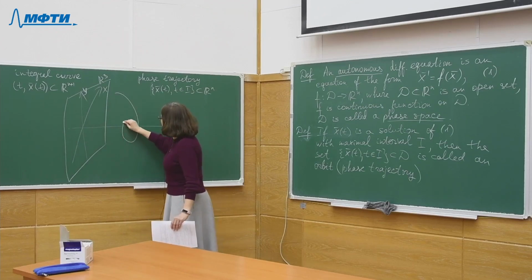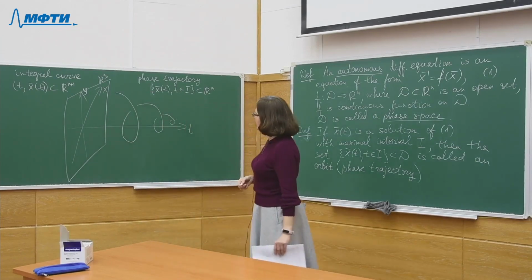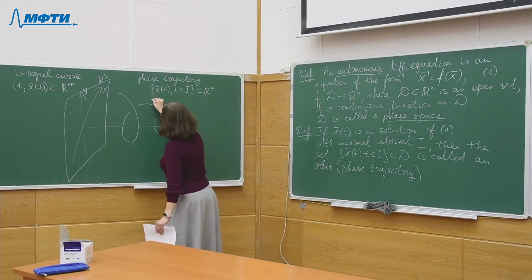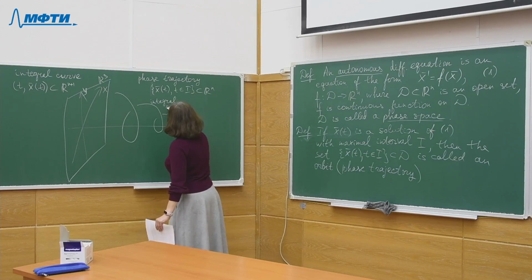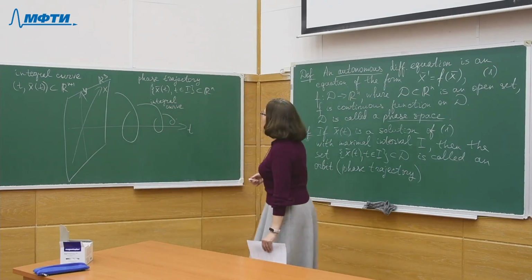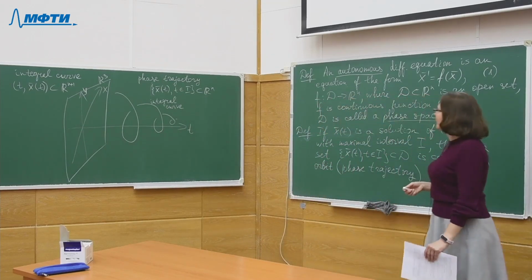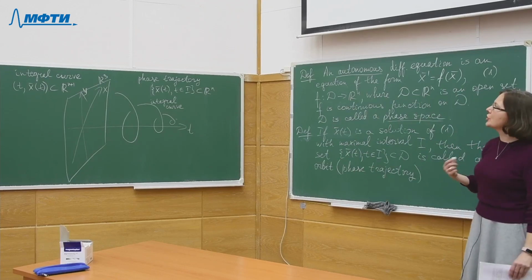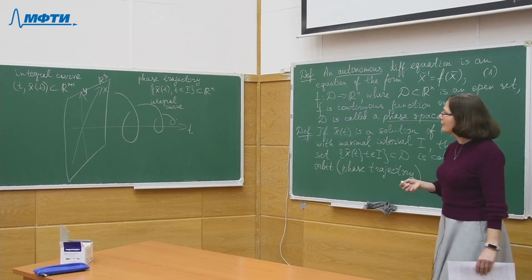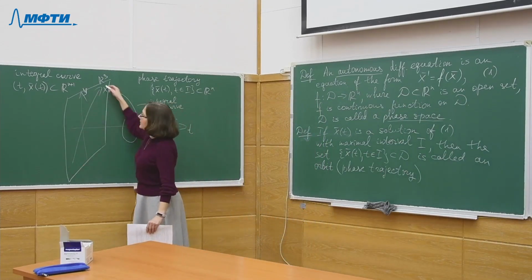So suppose we have something like a spiral. So this is an integral curve. And what about a phase trajectory? So a phase trajectory is a projection of an integral curve to a phase space. So this is a phase space. It is two-dimensional.